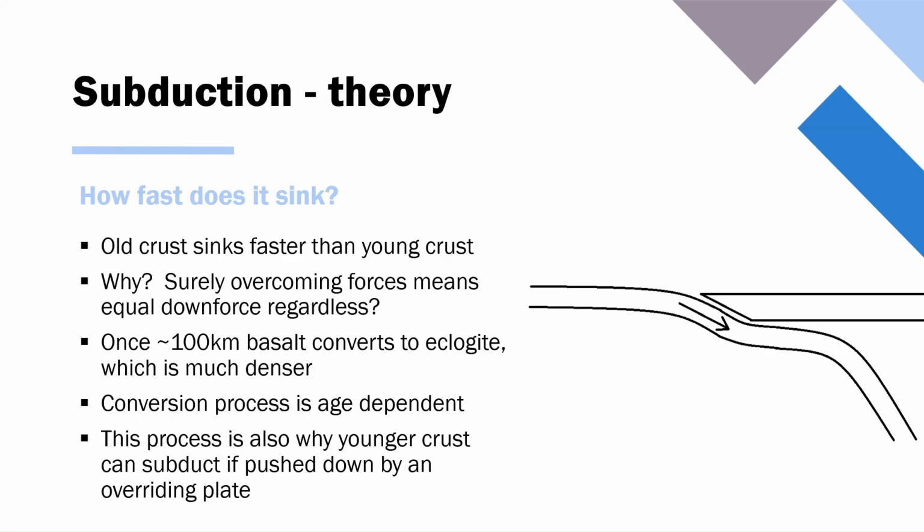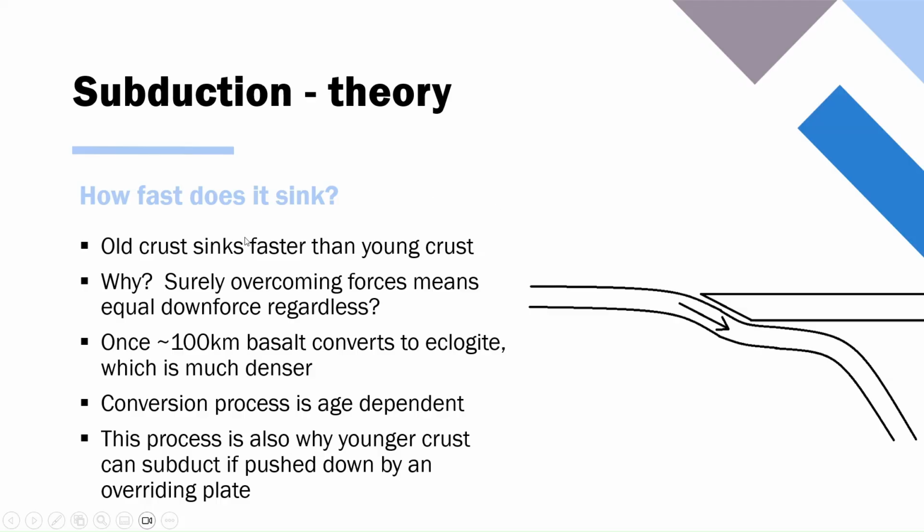So if you see this diagram here where a plate has hit another one and this plate is slightly more dense and it's been forced underneath, it doesn't actually have negative buoyancy yet, so it won't sink, but it is under the conditions that form eclogite, which means it will start to densify, and eventually it will become denser than the asthenosphere through that process, and it will sink.